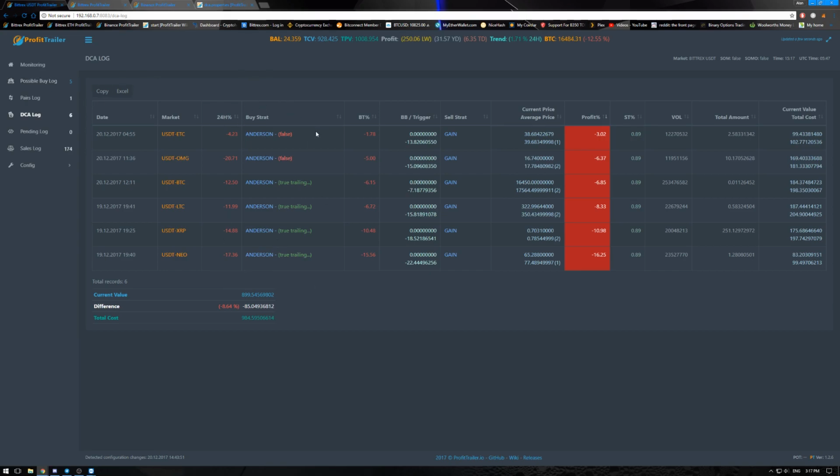Similar to the possible buy log we were looking at before in the other video with your false and your true trailing, I never actually got to show you an example of the true trailing indication. So if your pair, or your DCA pair, is not within the trigger of that first, second or third, whatever it is, the sequential DCA buy trigger, it'll be false.